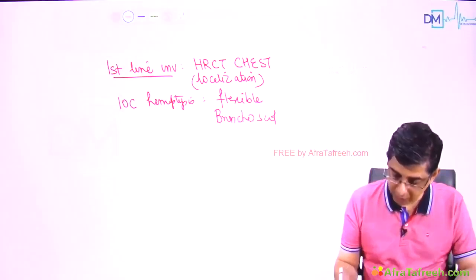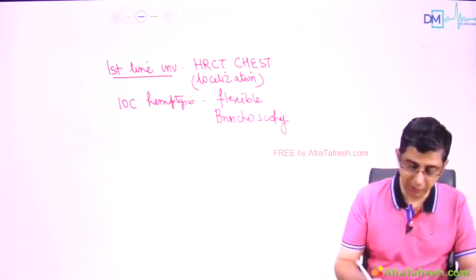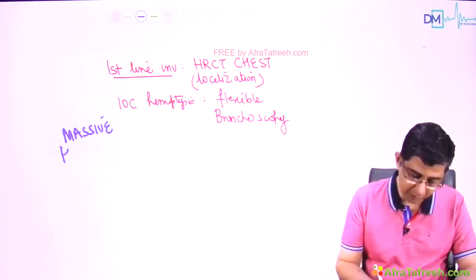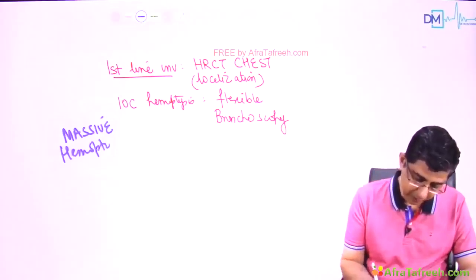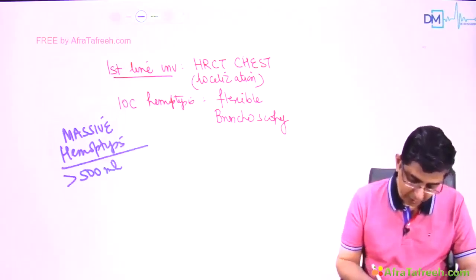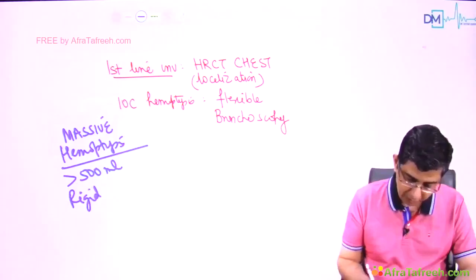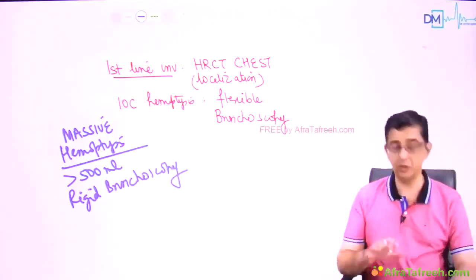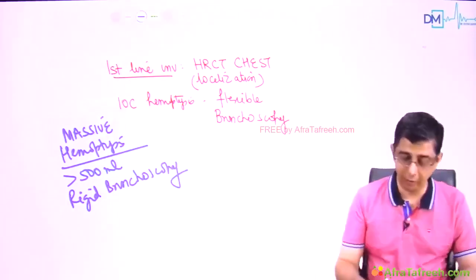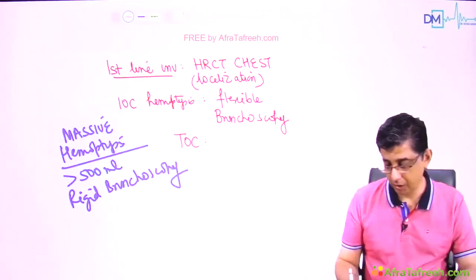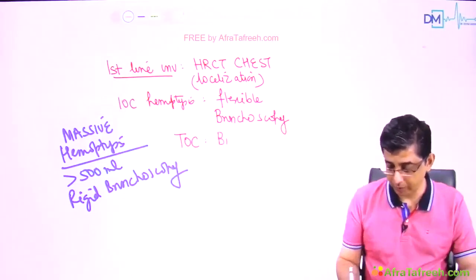Remember my words, always answer flexible bronchoscopy except for massive hemoptysis. If he specifies by saying massive hemoptysis, which is defined as blood loss more than 500 ml, then it is to be answered as rigid bronchoscopy. But if he specifies the word hemoptysis only, then it is a flexible fiber optic bronchoscopy, and the treatment of choice for hemoptysis would be a bronchoscopic cautery.